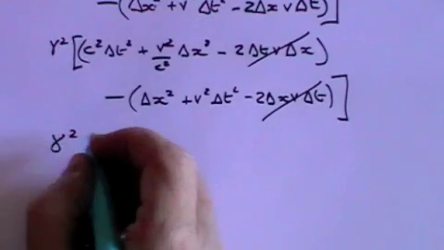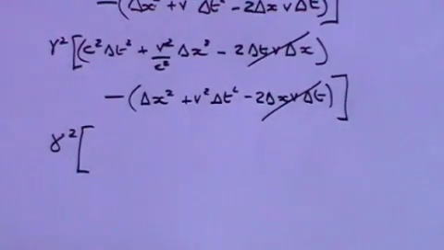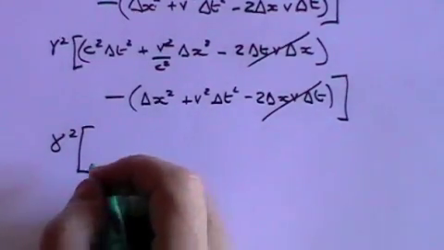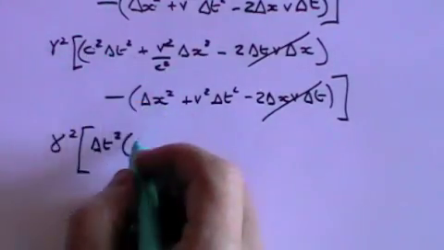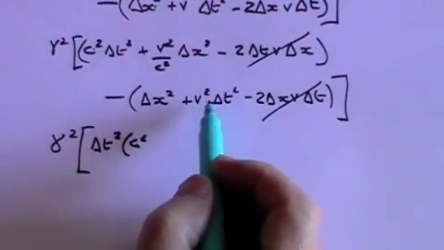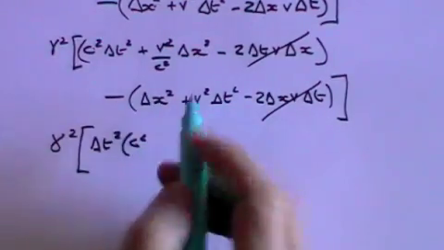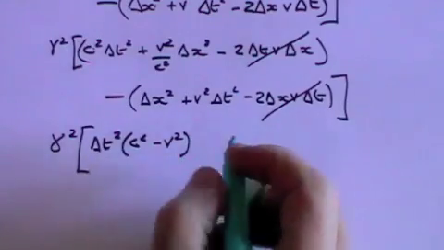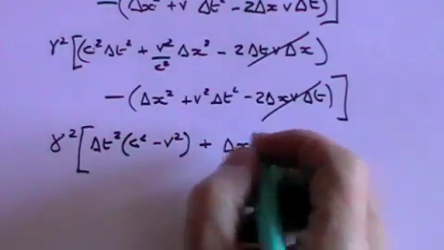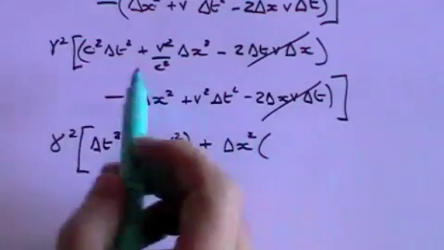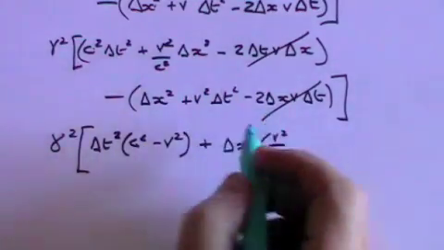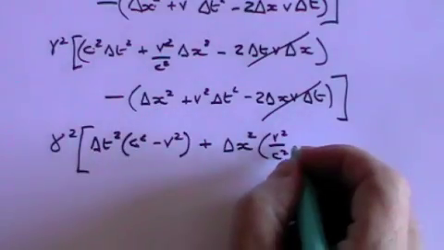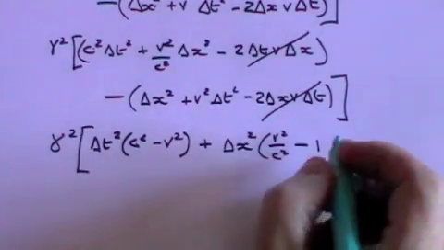We've got gamma squared into, gather up all the terms for delta t squared, that's delta t squared into c squared minus v squared, plus now gather up all the terms which refer to delta x squared, so that's delta x squared into v squared over c squared minus 1.